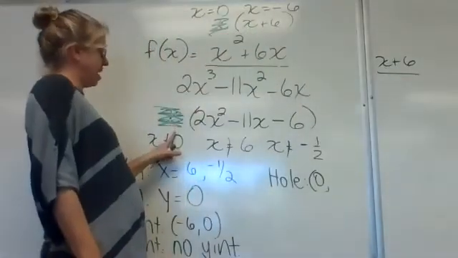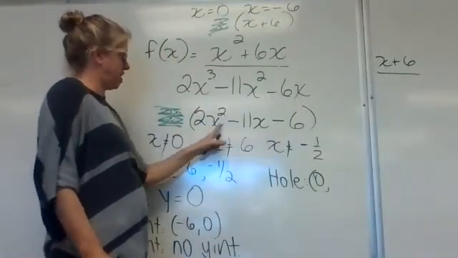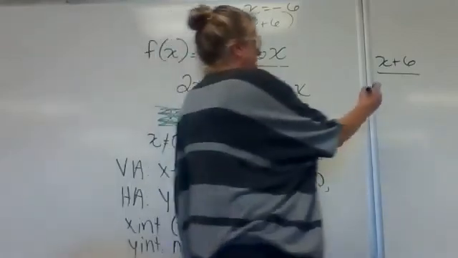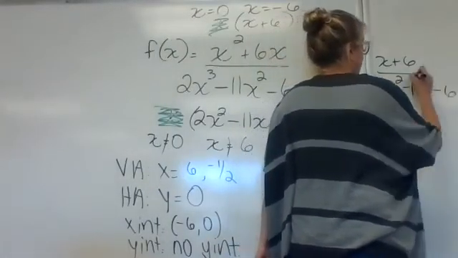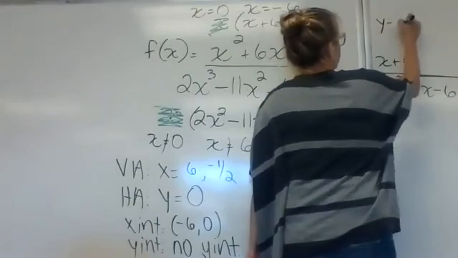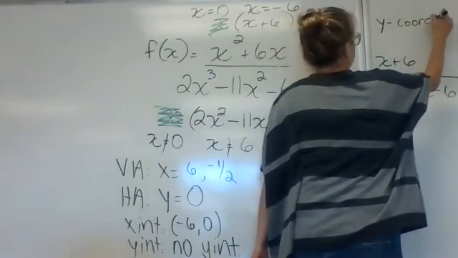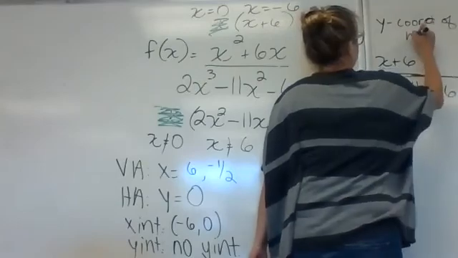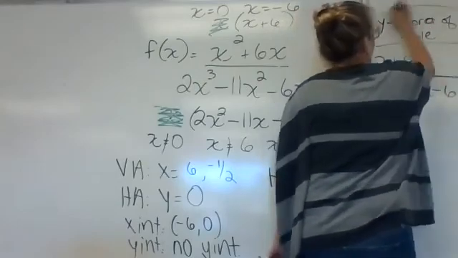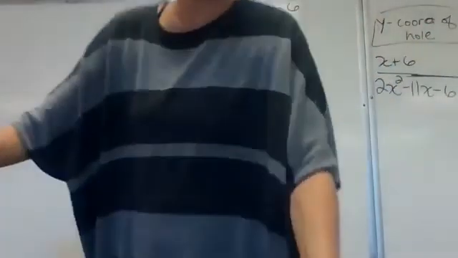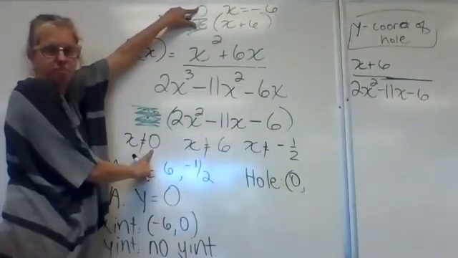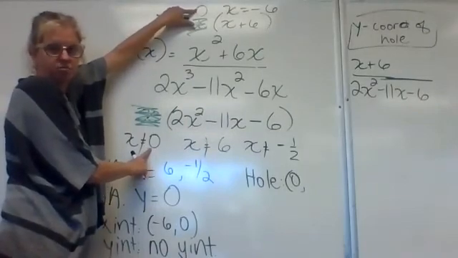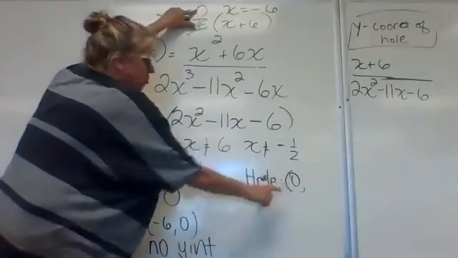In the bottom, if you took out this x, you're left with this: 2x squared minus 11x minus 6. This is to find the y-coordinate of the hole. The x-coordinate of the hole is this number that was in the top and the bottom that was the same 0. So that's why the x-coordinate is 0.